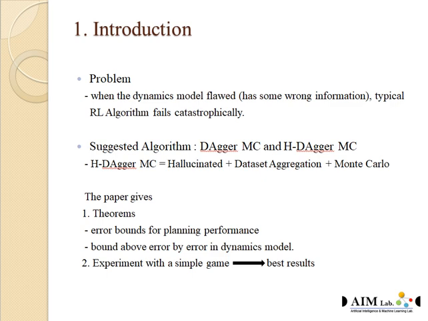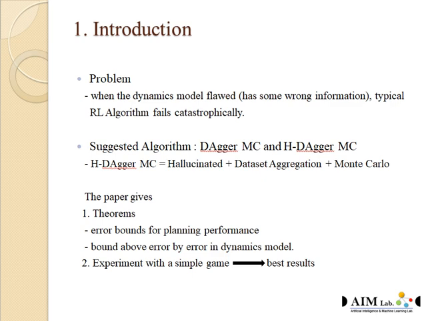The paper gives first theorems about an error bound for planning performance, and second, a bound on that error by the error in the dynamics model, which means the error of the performance is bounded by the error in the dynamics model.